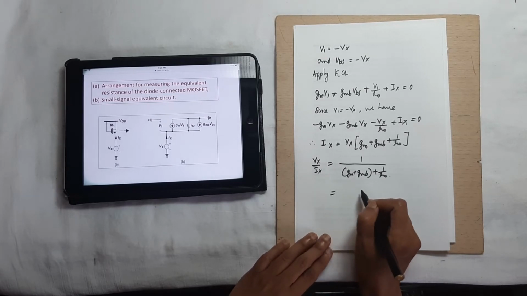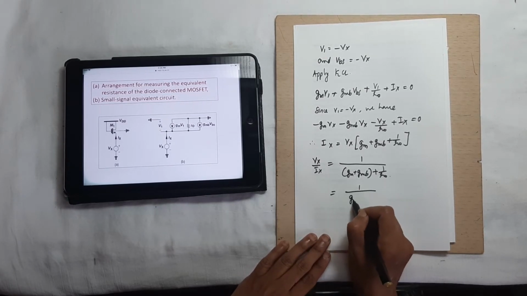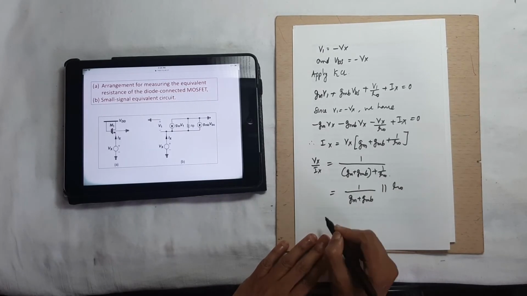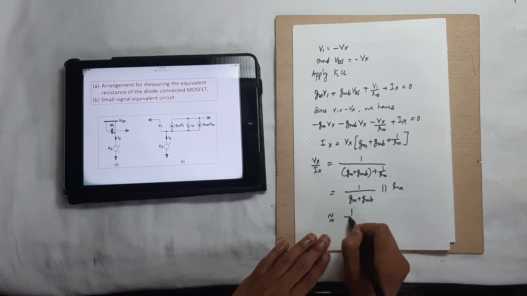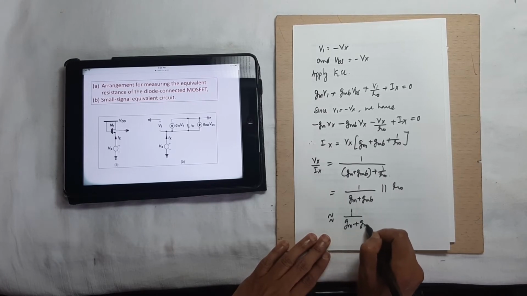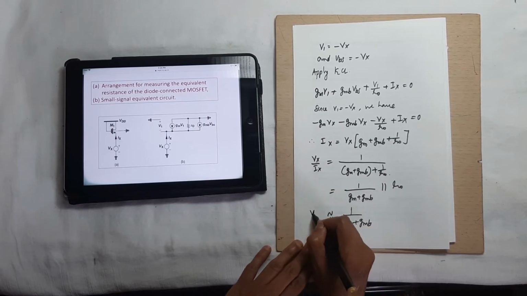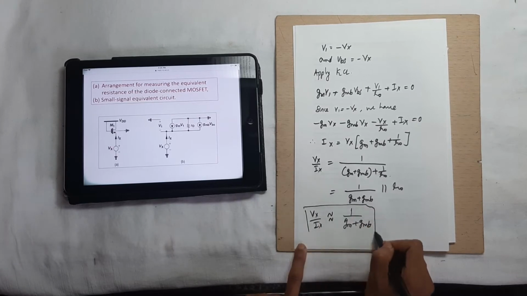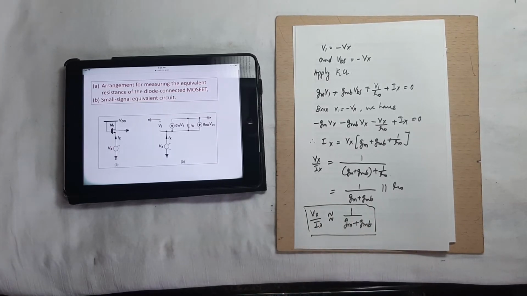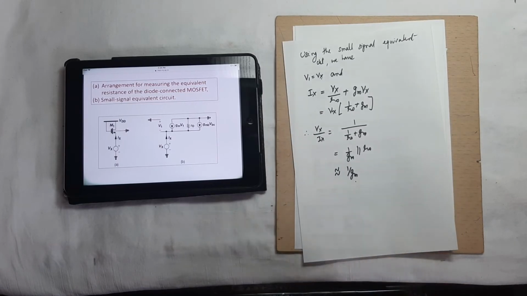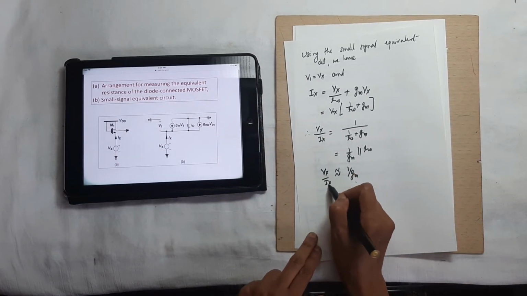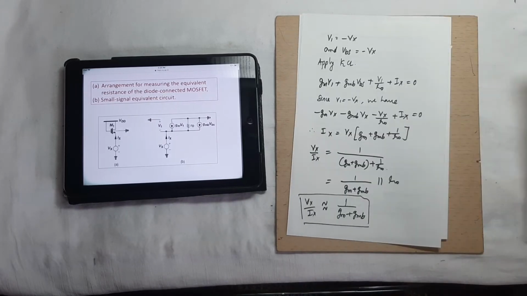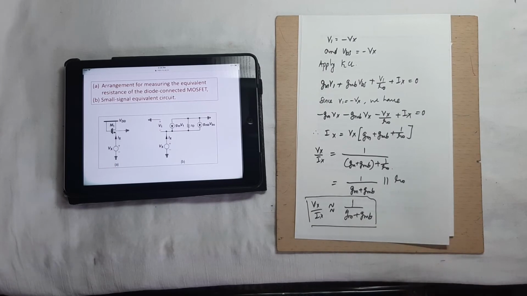This can be written as 1 upon gm plus gmb parallel to R0, which can be approximated as 1 upon (gm + gmb). So Vx by Ix with the body effect is 1 upon (gm + gmb). Without the body effect, we have Vx by Ix as 1/gm.